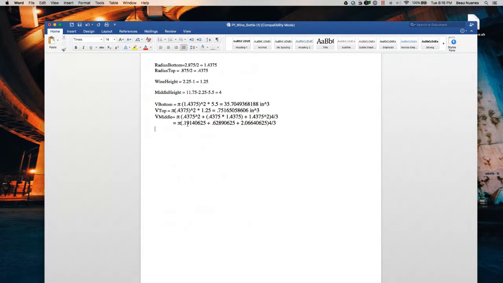It's going to come out to 36, divided by 3 is 12.09185924. All right, 12.09185924. So then our total volume is going to be the middle, which is that.